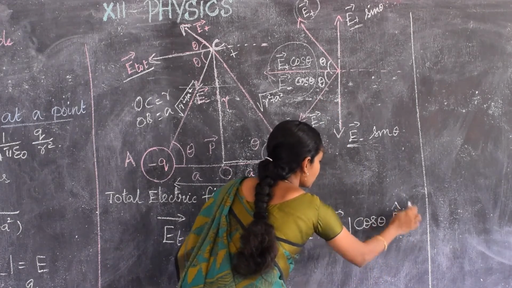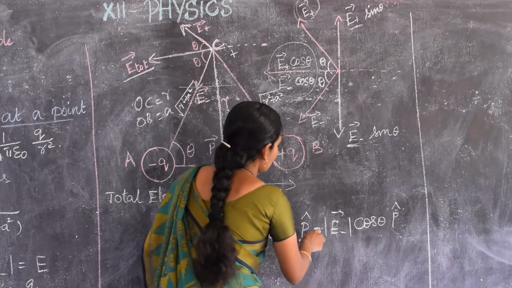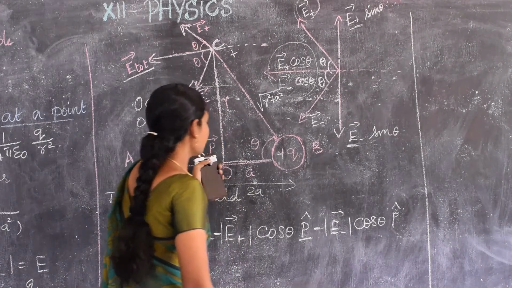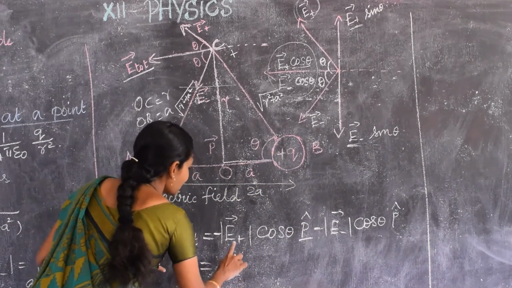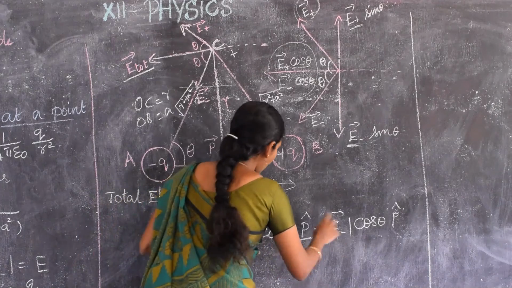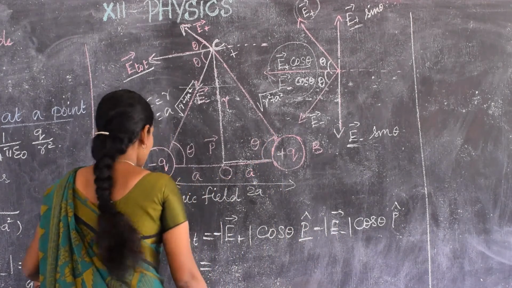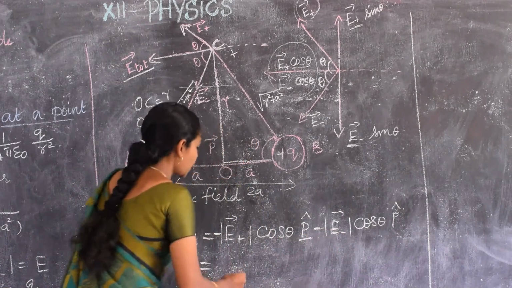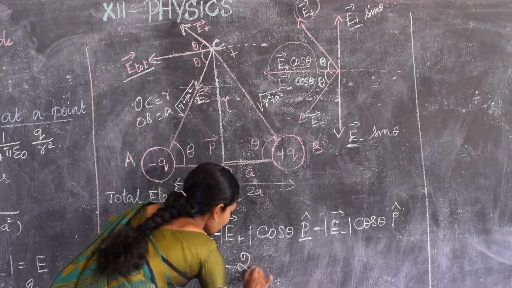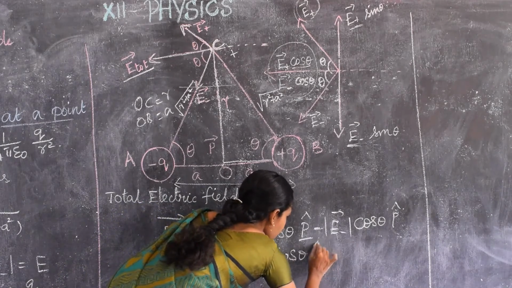It is also a unit vector representing the direction, which is the opposite direction of the electric dipole, so I put a minus sign here also. Here mod of E vector plus and mod of E vector minus are equal to what? E. So simply we put E here and E here, totally 2E. So minus 2E cos theta p cap.